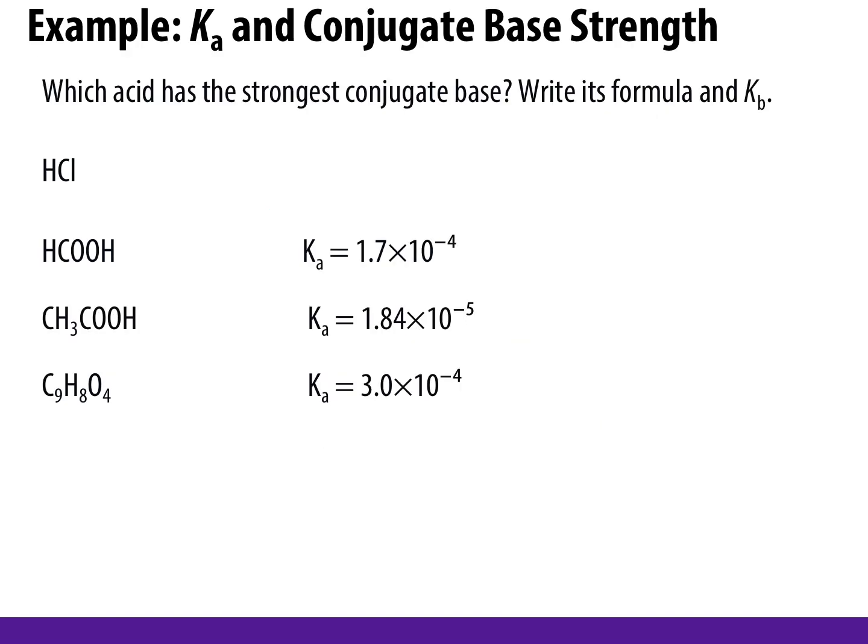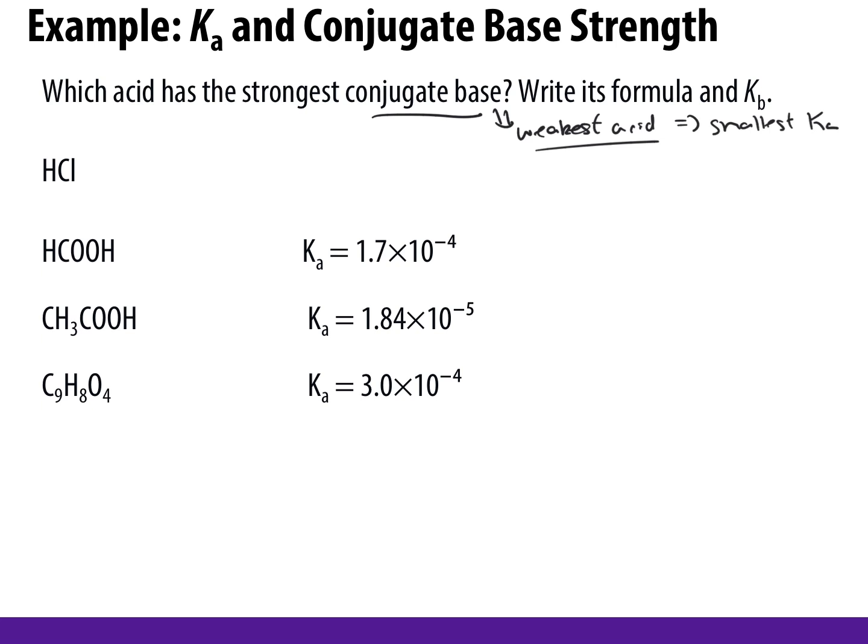Let's use that new equation to answer this question. So first, which acid has the strongest conjugate base? We can either use the concept or the equation. The strongest conjugate base means I need to be looking for the weakest acid. The weakest acid is going to be the one with the smallest Ka, because the bigger the Ka, the stronger the acid, the smaller the Ka, the weaker the acid.